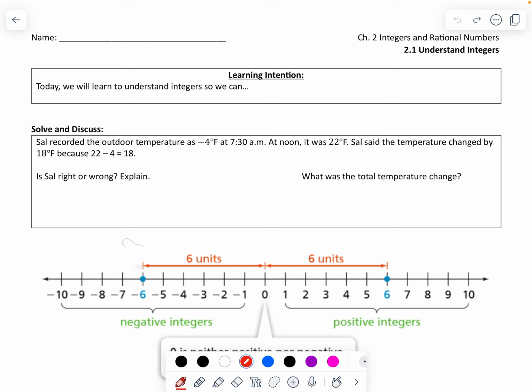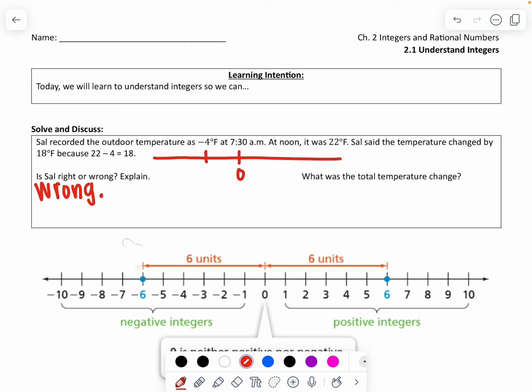All right, so is Sal right or wrong? Sal is wrong. And I want you to think, if it didn't change by 18 degrees, how much did it change by? So if we created just a little number line, and I'm going to put 0 in the middle. This is going to be a wonky number line, but it's what I'm going to do.